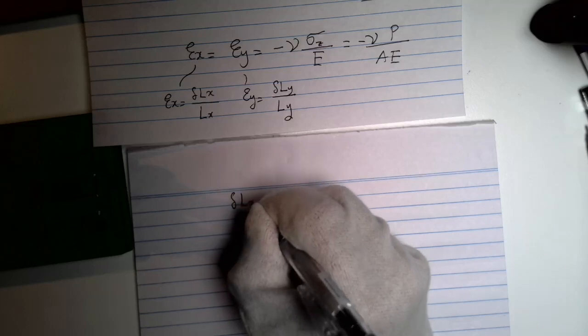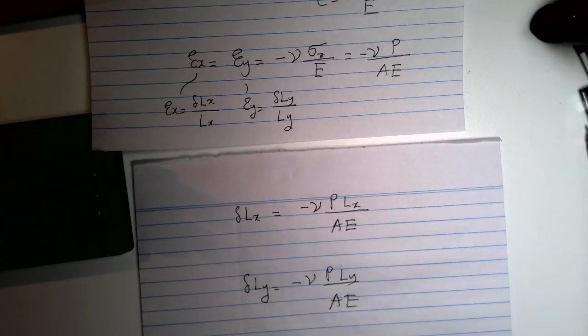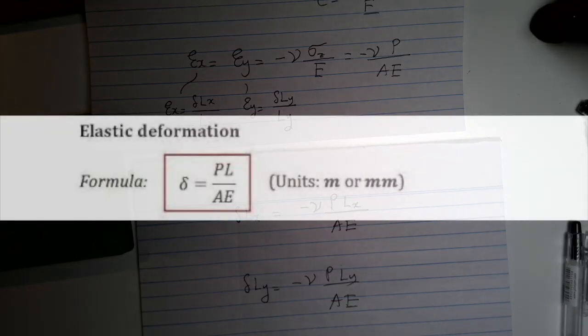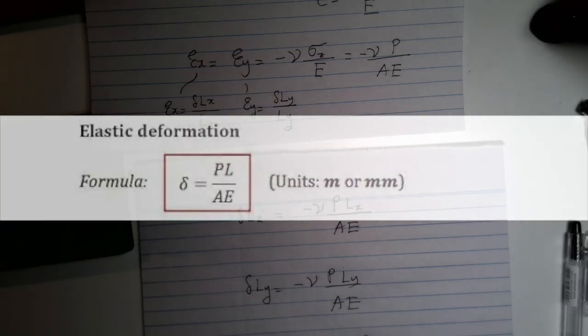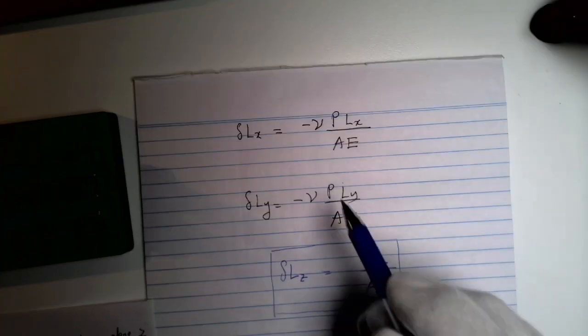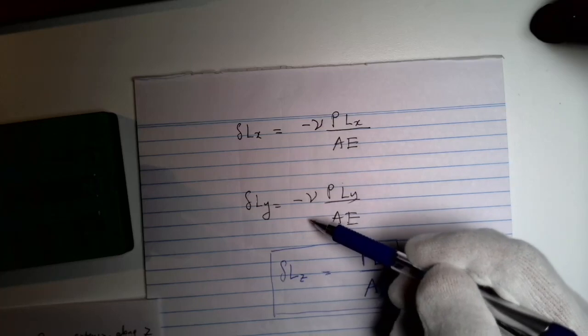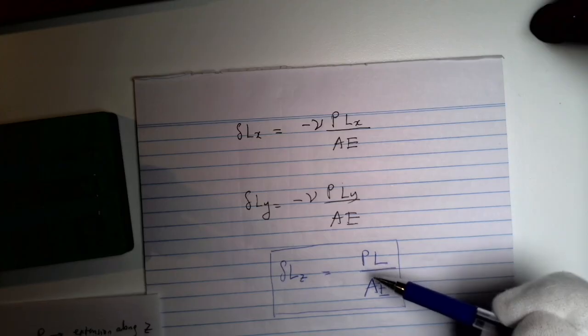Now notice the similarity of this to delta L z equals PL over AE. That is a stretch in that direction, with no Poisson ratio, but it is accompanied by contractions along x and y. So Poisson ratio determines the contractions for a given axial loading.